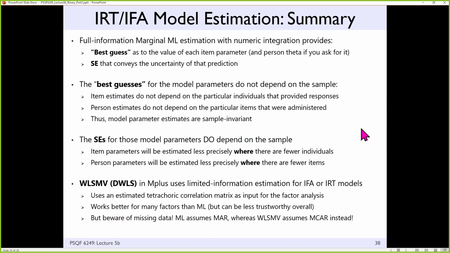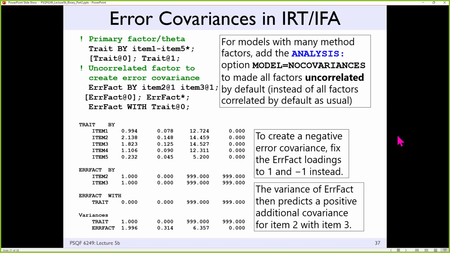Ta-da! We made it. So the reason, by the way, why bifactor models are a thing in IRT is because of this constraint. You can't have error covariances. So any extra relationships you want for your items have to be done via factors instead.